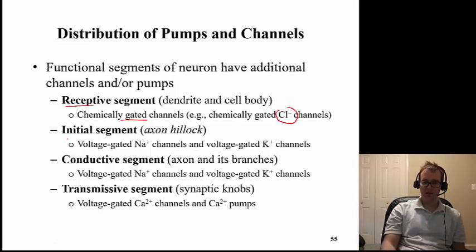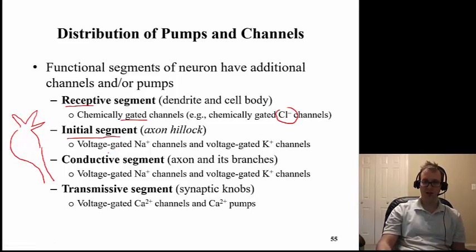At the initial segment, which is at the axon hillock, remember there's the cell body, and I'm drawing dendrites, or trying to. Here's the cell body, and then this leads down to that axon. This little bulgy region right here is the axon hillock, and the axon hillock is also called the initial segment.